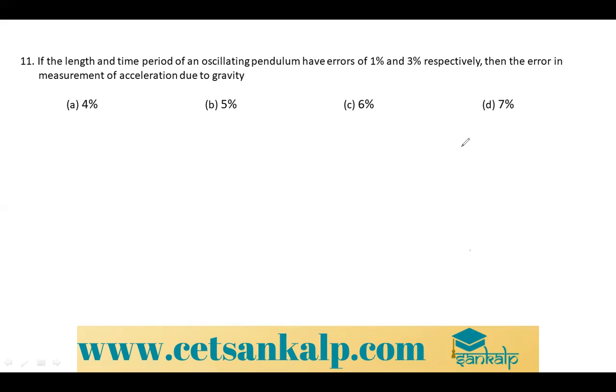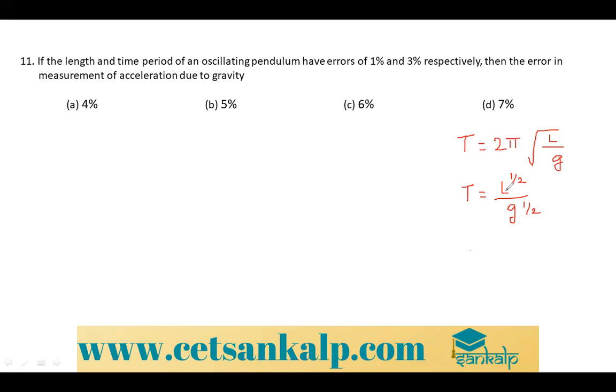The formula is given as T is equal to 2 pi root of L by g, but this pi is constant, so you are not going to consider this. So I can write T is equal to L to the power half, and g to the power half.